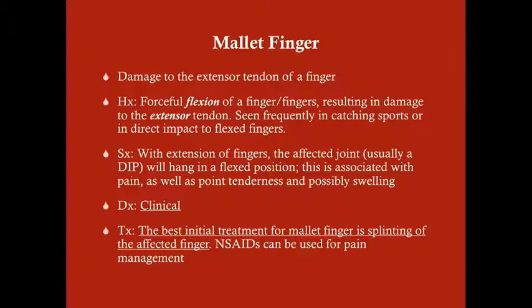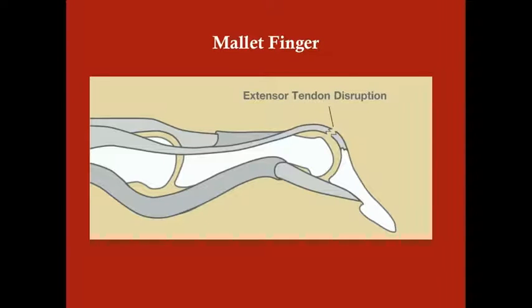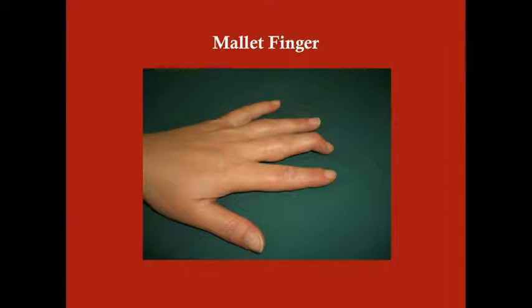If you have injury to an extensor tendon, you're going to see some flexion. And indeed, with the mallet finger, with the injury to the extensor tendon, the flexion we see is usually in these fingers, because that's the most common place for the injury to happen. I mean, think about it. These kids are going up to catch a ball. It's probably going to be their fingers that are going to get closest to the ball. So right here.